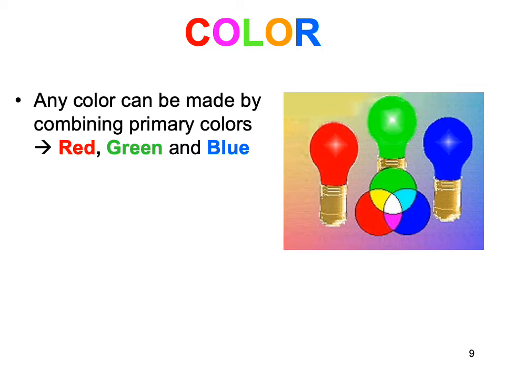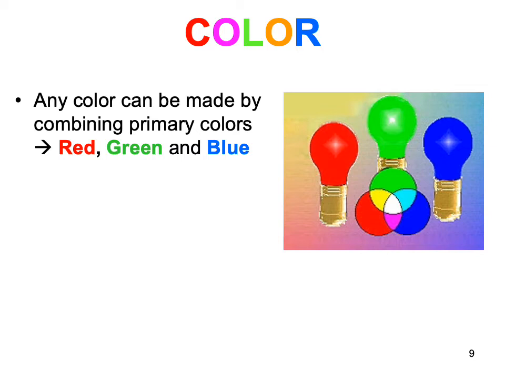As you can see in this picture, right? That's how the LCD screen generates all colors using three LEDs, three colors, the RGB, right? So there actually is no white color, no white light.